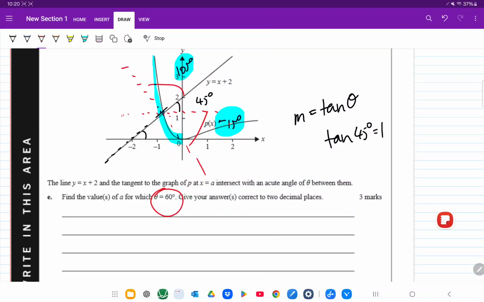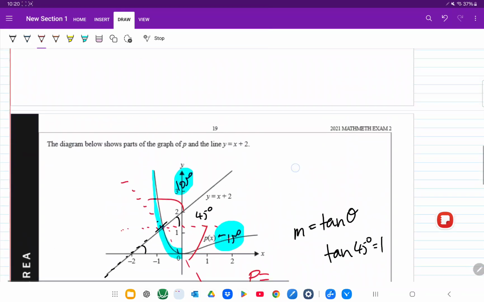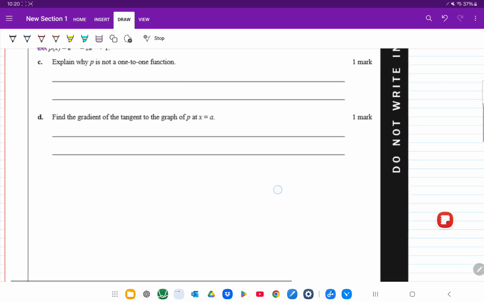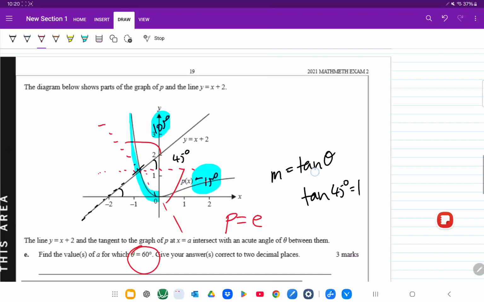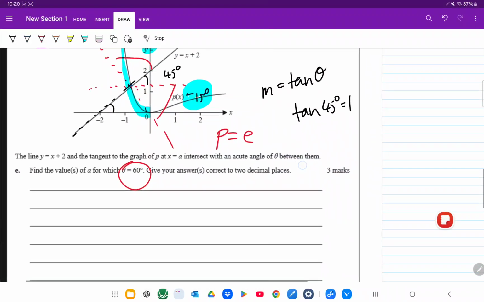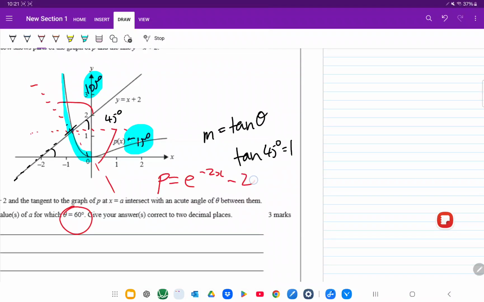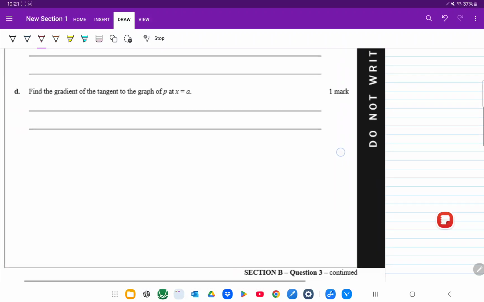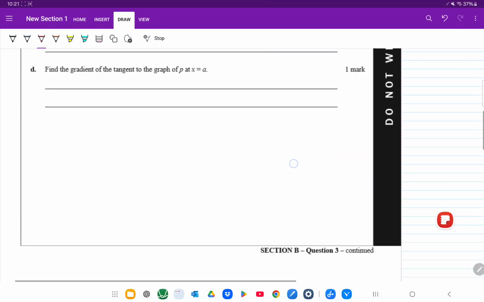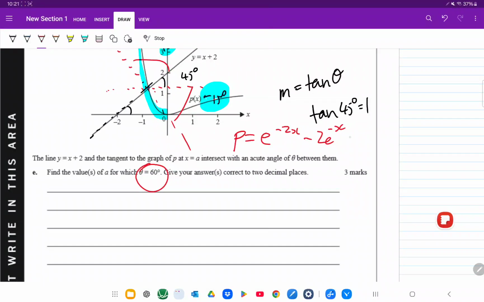So let's evaluate what this would be. Now, we know that P is given to us in the previous question. So P is equal to e to the power of negative 2x minus 2ex negative x plus 1.